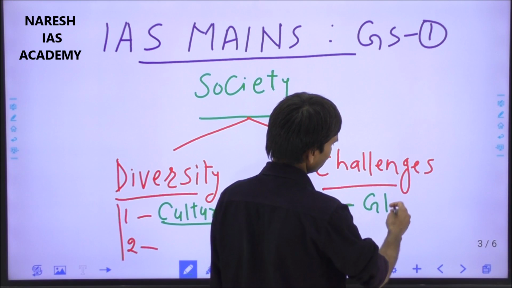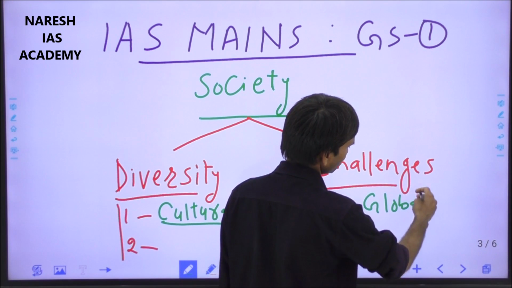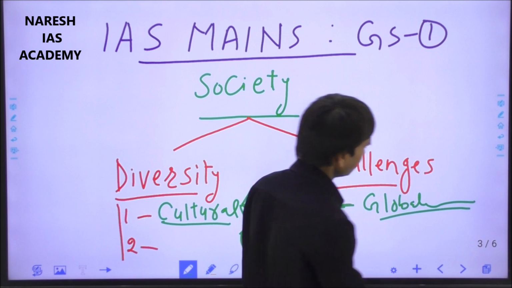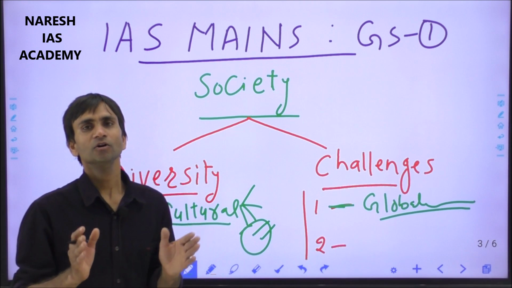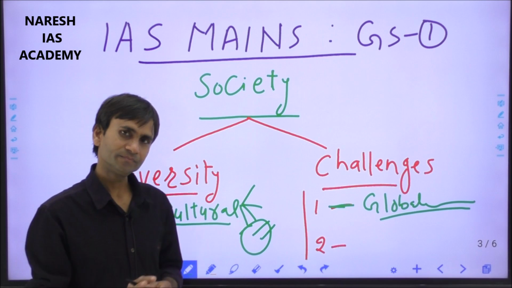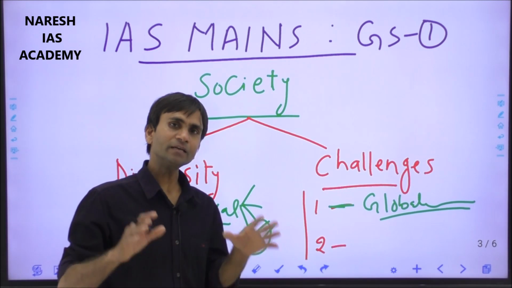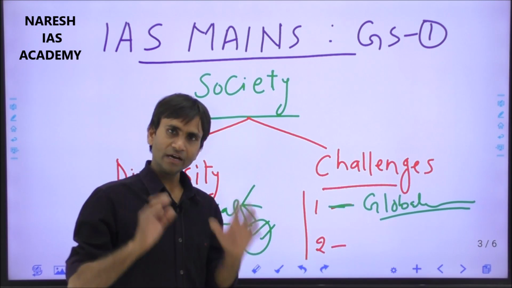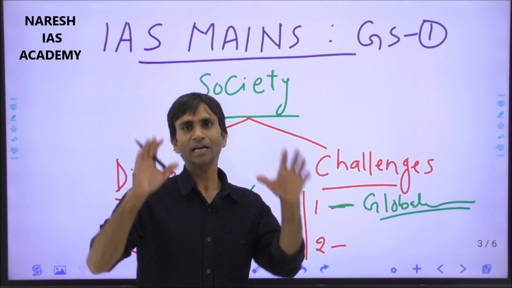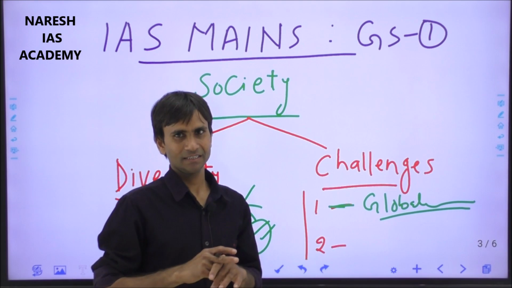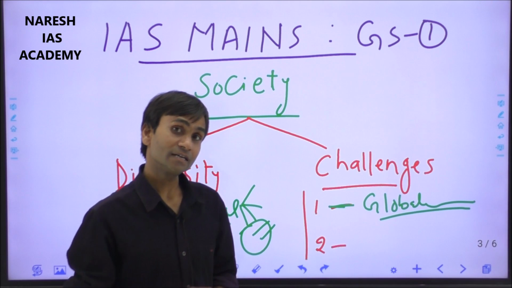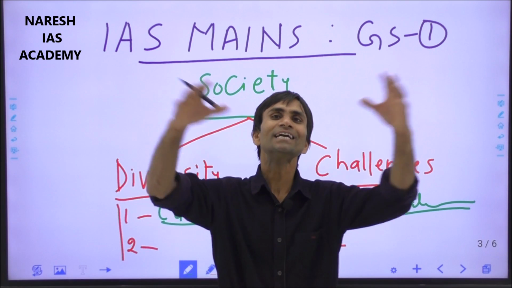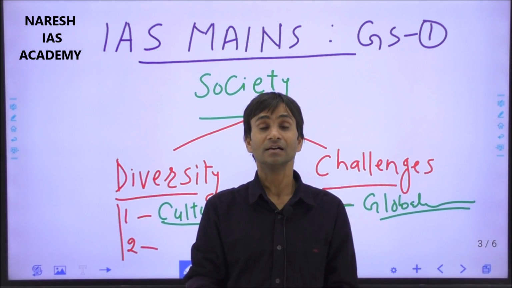So, we can say globalization is a reality of today's life. Simply, it means we are interacting with Western values, Christian cultures, and Christian cultures are trying to dominate over the Eastern culture like the Indian culture.